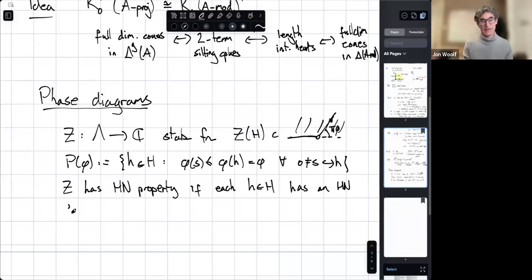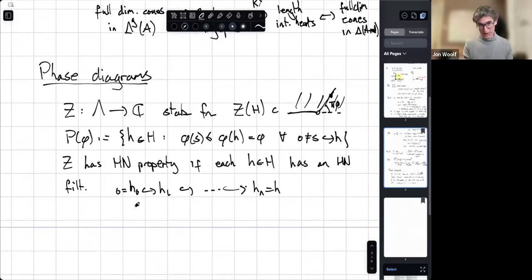So a Harder-Narasimhan filtration, i.e. one of the form 0 into some H1 into some HN, which is H. And being a Harder-Narasimhan filtration just means that the factors, so HI over HI minus 1, have to be semi-stable of some phases phi I, which are strictly decreasing. So phi 1 strictly bigger than, all the way down to phi n.